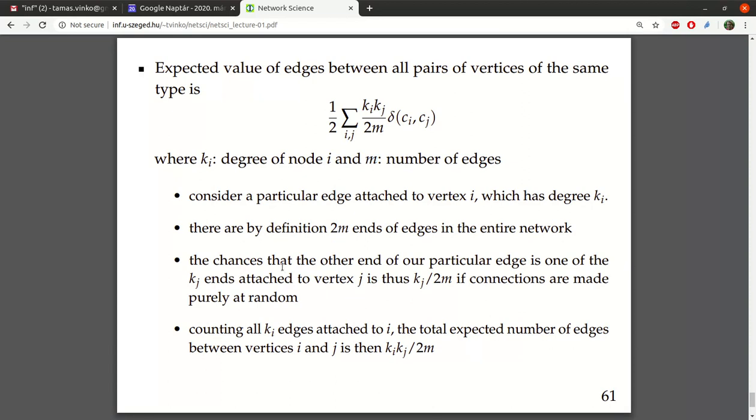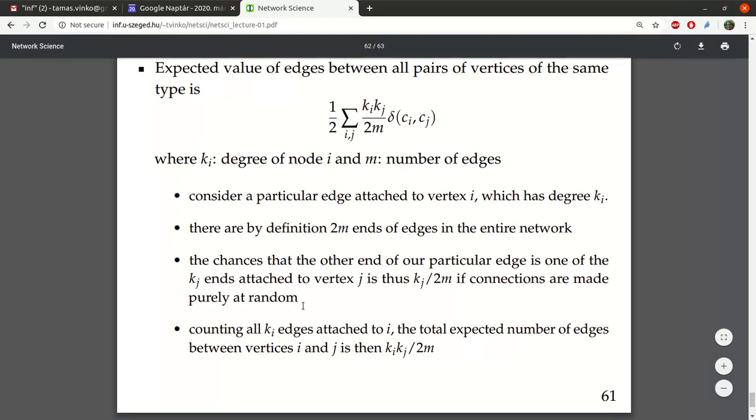Now the chance that the other end of our particular edge, which is attached to i, is one of the kj ends attached to vertex j, is actually kj over 2m if connections are made purely at random.